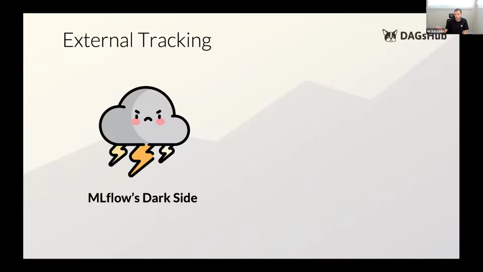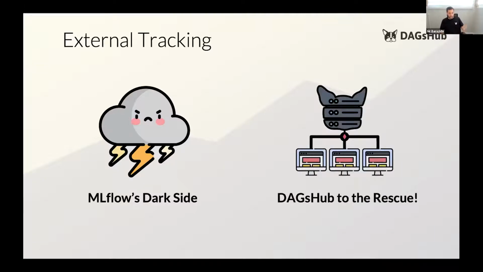We're not DevOps people, and we don't want to deal with those types of issues. We also have a problem with team-based access. Maybe we don't want all the team members to access our experiment tracking server. We want to provide access to a specific group in our team. So this is where DagsHub comes to the rescue.